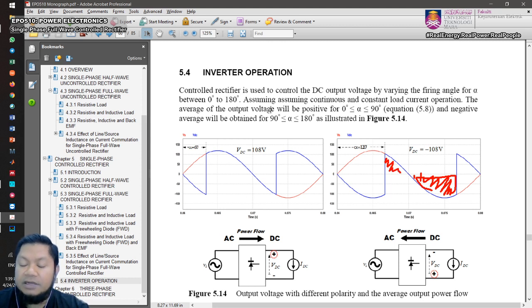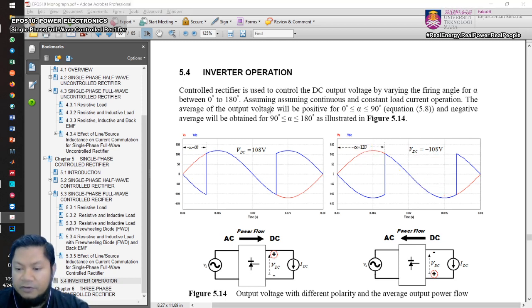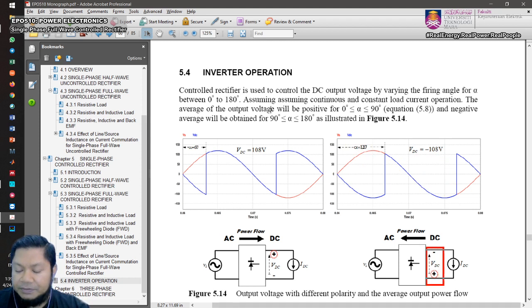In this case, if you calculate, you will get a negative output voltage, negative 108 volts with alpha equals 120 degrees. So in this case, the polarity of your output voltage will change. The polarity of your output voltage now becomes plus and minus. Sorry for the error there.